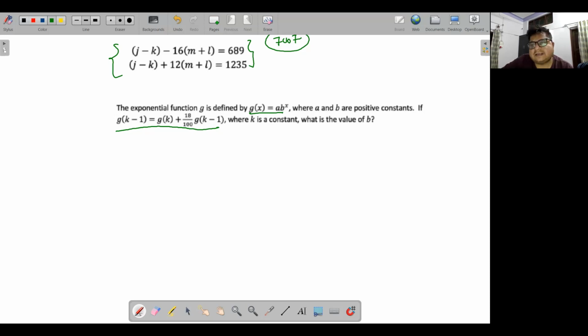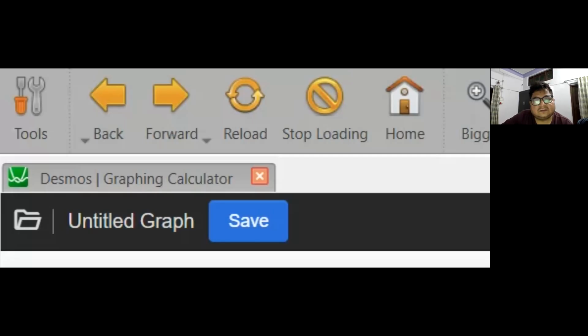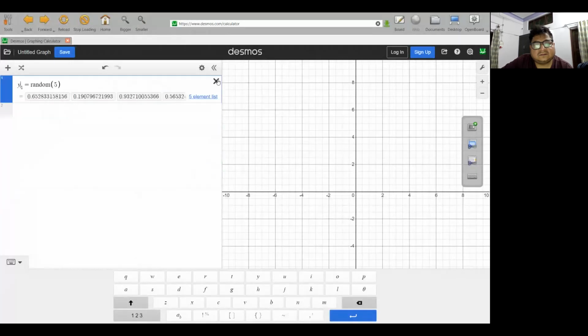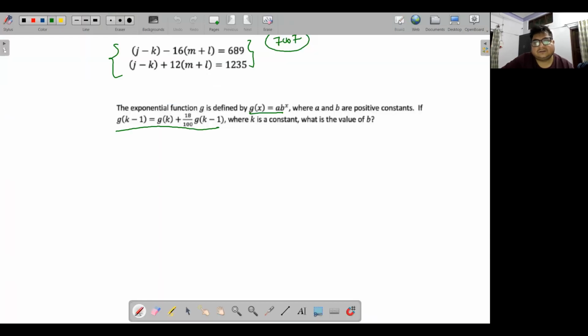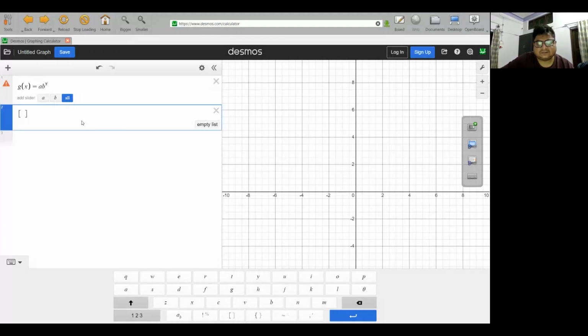We'll write the same thing as given in the question. g of x is equal to a b raised to the power x. That's the first one. Another one, we will have the information that g of k minus 1. So again, we can use this method, a variation equation.